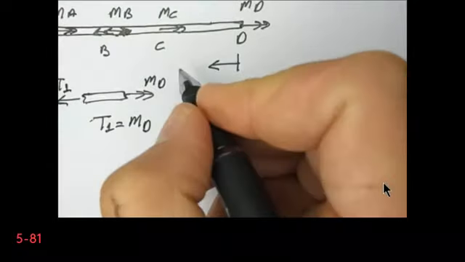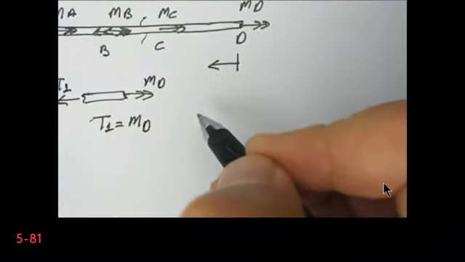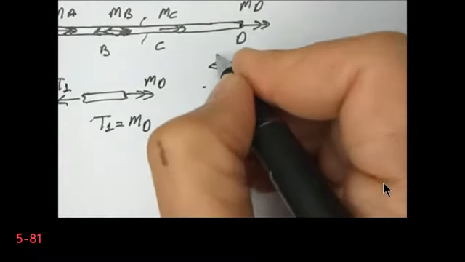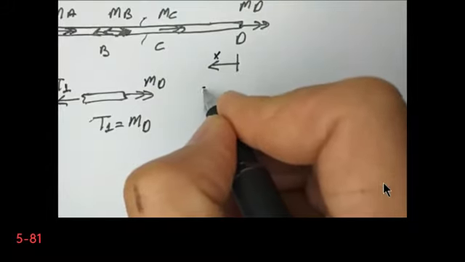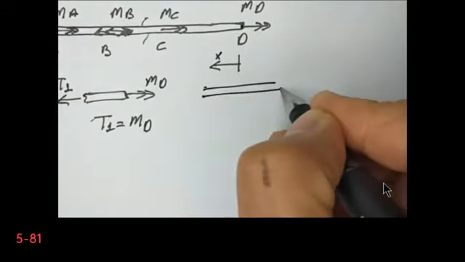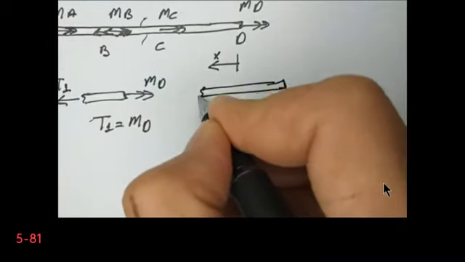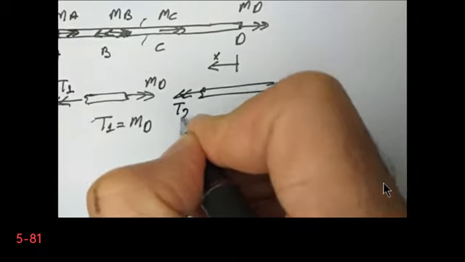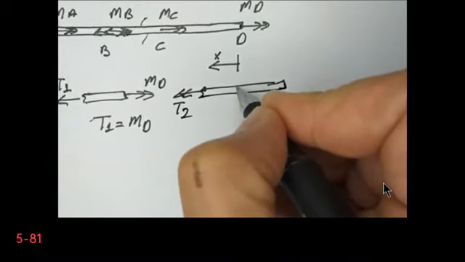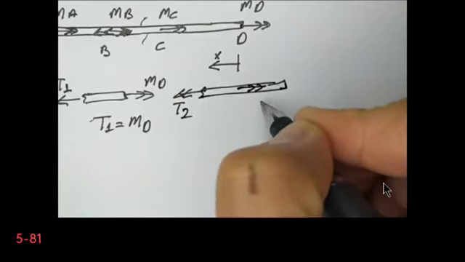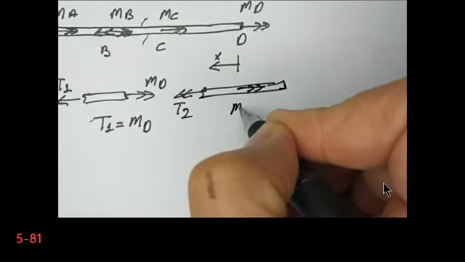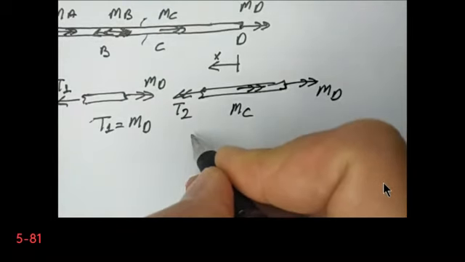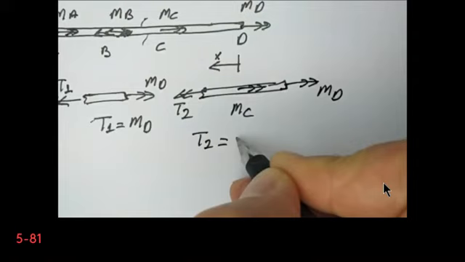Next I will cut it from B and C. This is my X, by the way. This is my torque 2. This is my MC. This is my MD. So torque 2 is equal to MC plus MD.